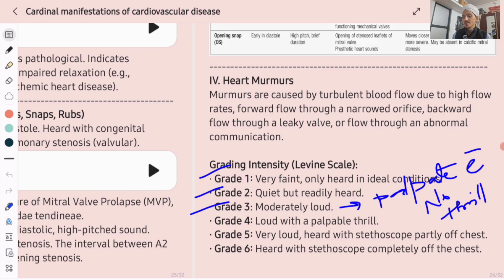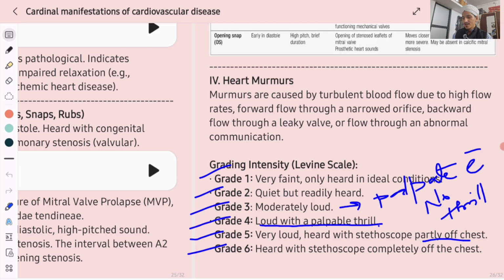Grade 4 is loud with thrill. So thrill starts at 4, palpation starts at 3. Grade 5 is very loud and heard with the stethoscope partly off the chest. Grade 6 is heard with the stethoscope completely off the chest.